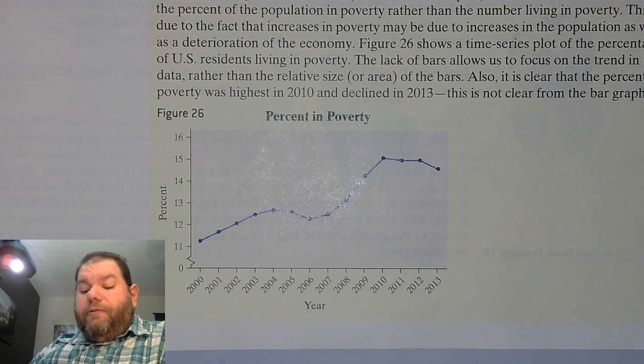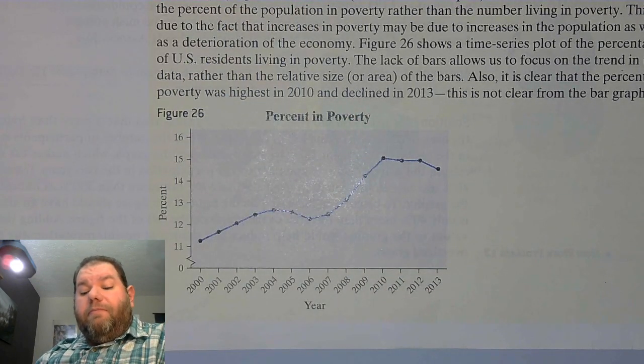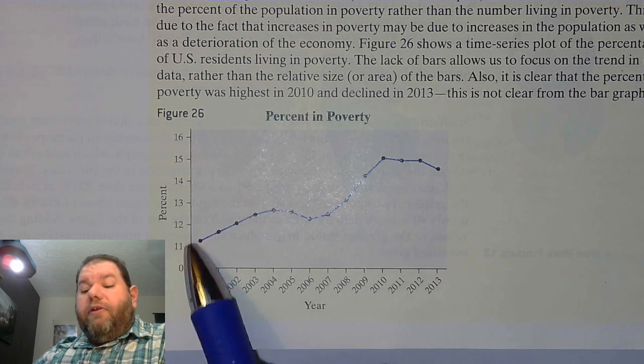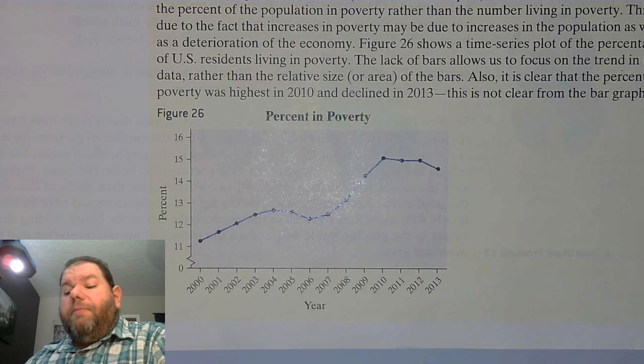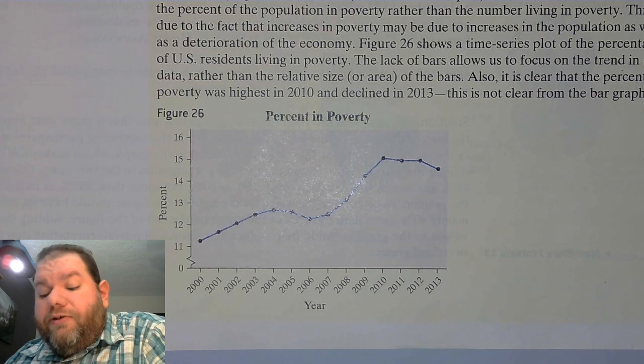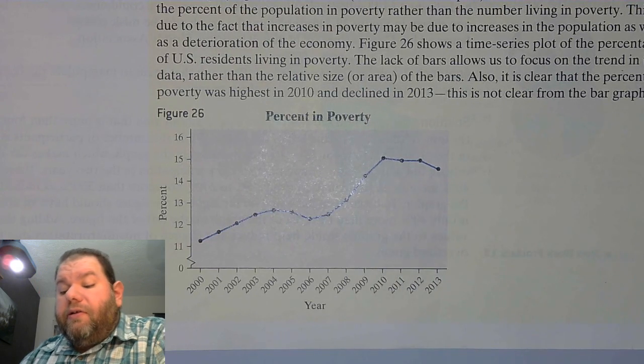So in this example, it's actually the same data, but now measured against the population as a whole. Now we can see it's still increasing and still relatively the same shape, actually. But there's a little bit of difference, though not a huge difference, to be honest. We still see a big spike right in here.